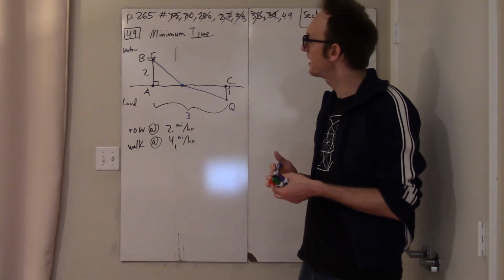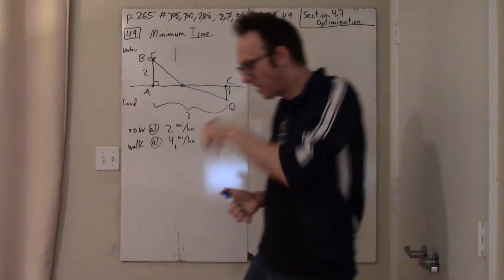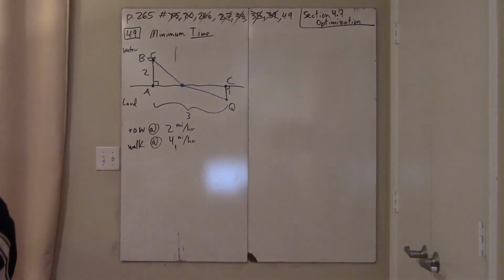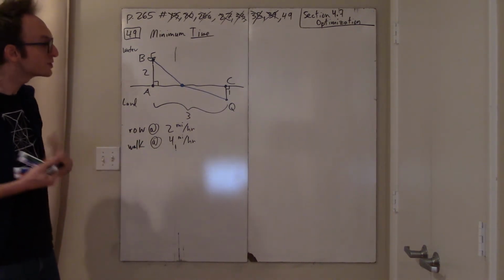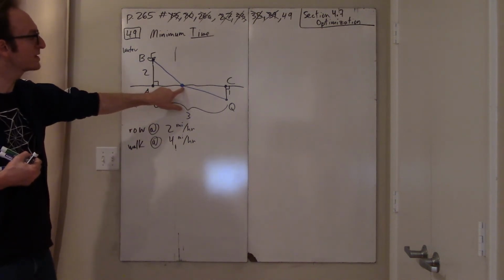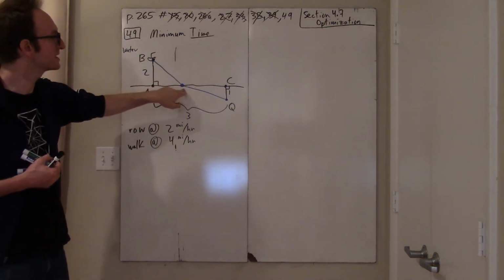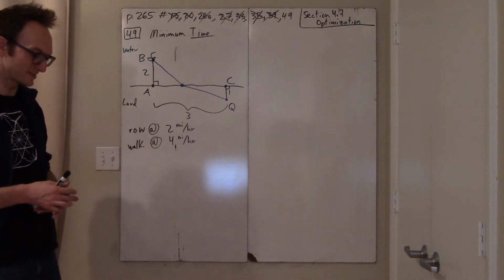Okay, well, the question says, towards what point on the coast should he row in order to reach point Q in the least time? And so the overall question to this problem is, what should we do? At what point on the shoreline should we aim in such a way that the time is minimum?